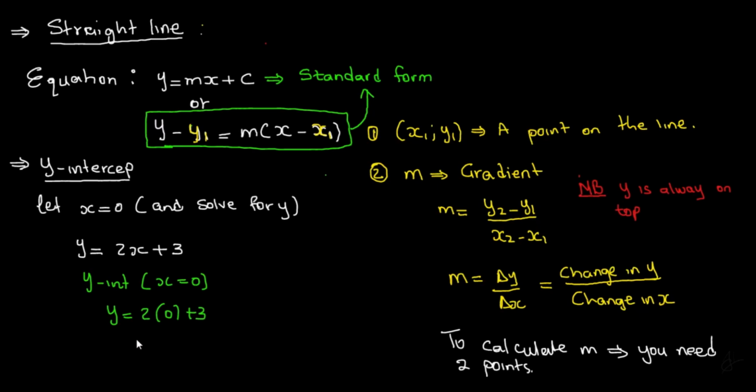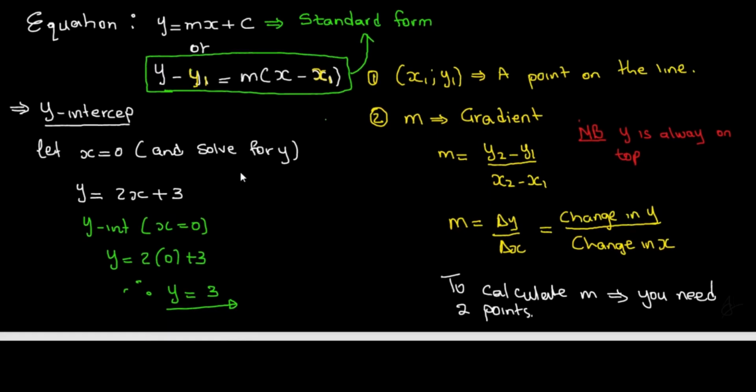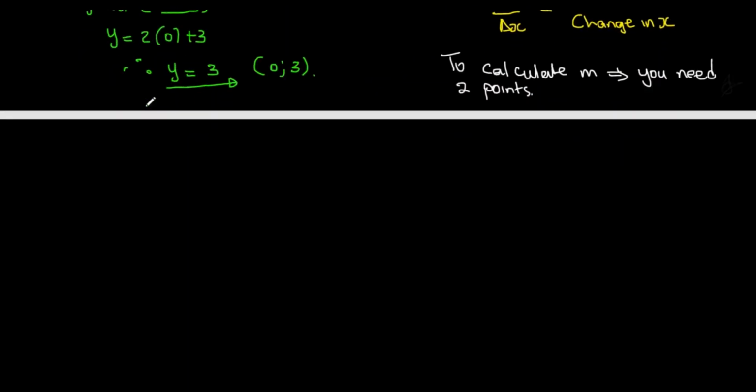If you punch that on the calculator, you'll find that y is just 3. So the y-intercept is 3, but now this is the y coordinate. Remember, we already have x to be 0. The coordinate of the y-intercept is (0, 3). I hope you understand that part. This is how you find the y-intercept of the graph. Nice. So you can use the same to find the x-intercept.